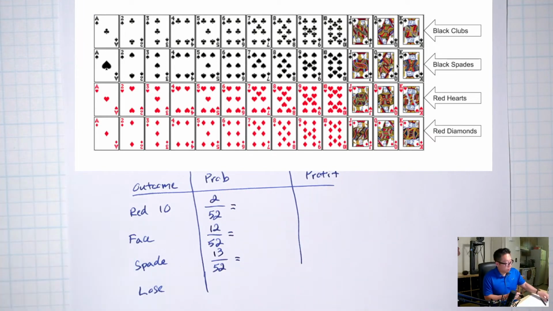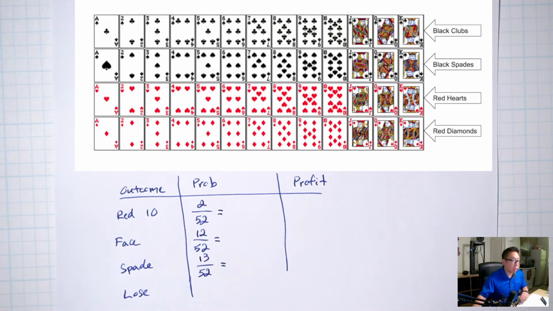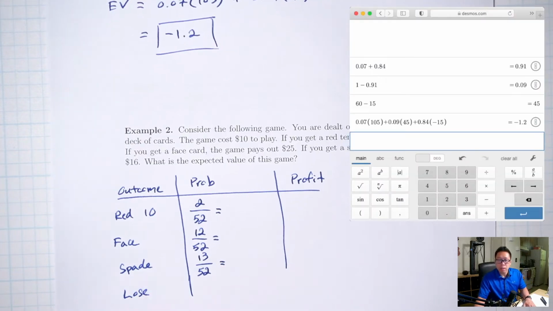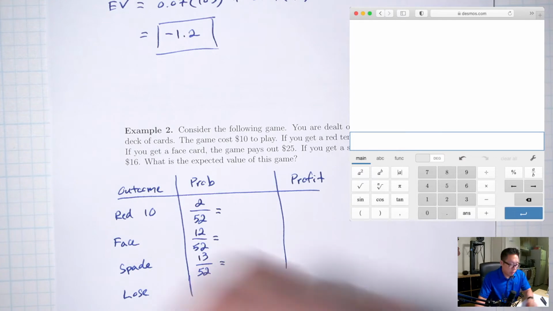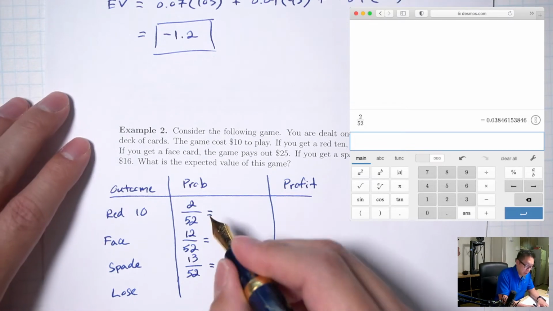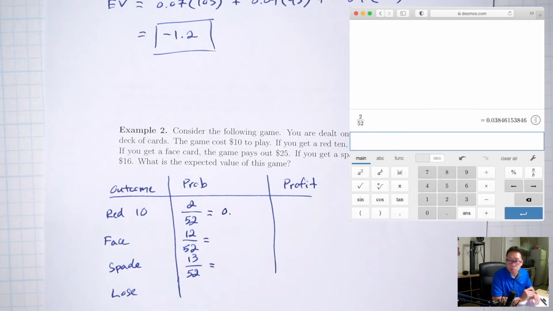Now, to find expected value, we actually need these fractions as decimals. So on my calculator, let me turn off the cards calculator. All right, 2 divided by 52. You should get a long decimal. Let's round to 3 decimal places.